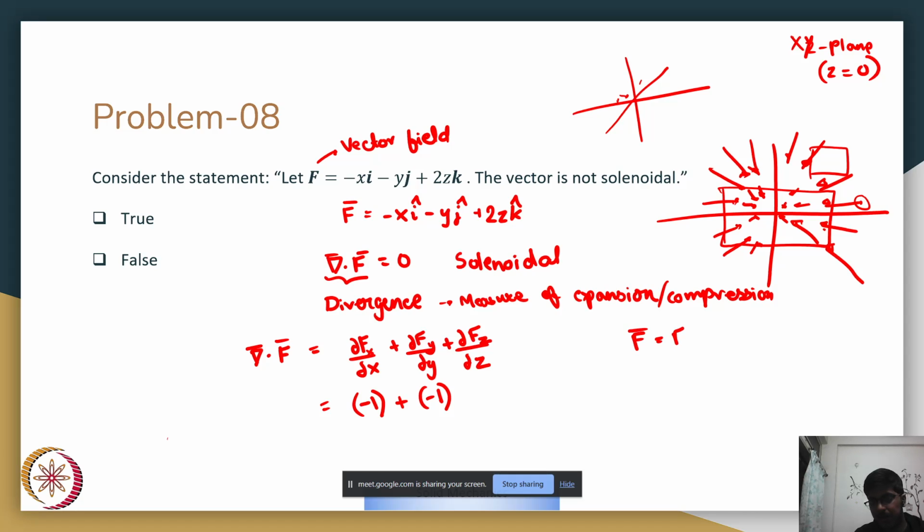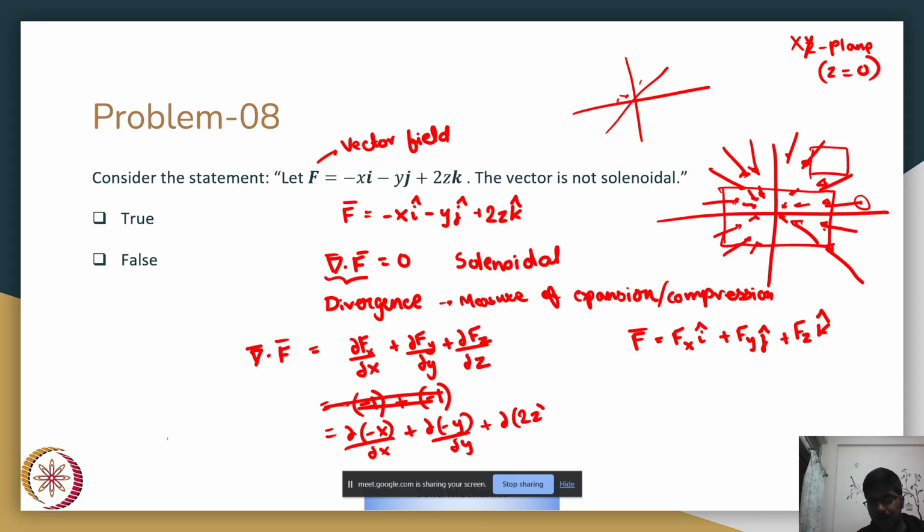I'm representing the components of vector f as fx i hat plus fy j hat plus fz k hat. So this is essentially the partial derivative of minus x with respect to x plus the partial derivative of minus y with respect to y plus the partial derivative of 2z with respect to z.